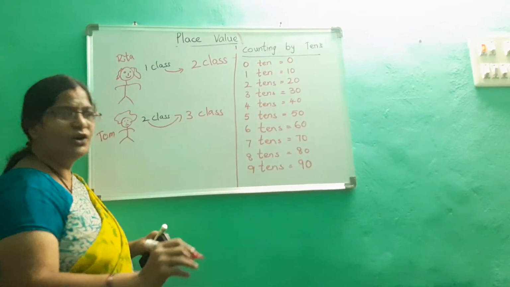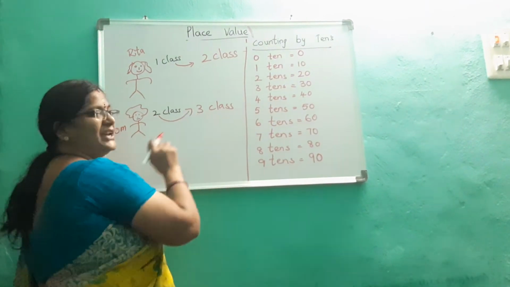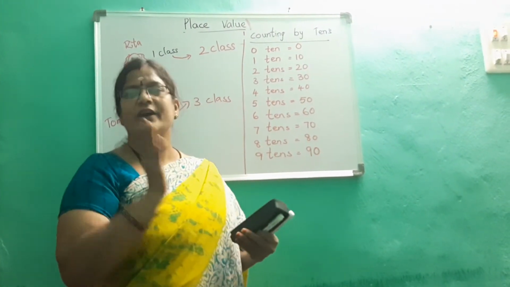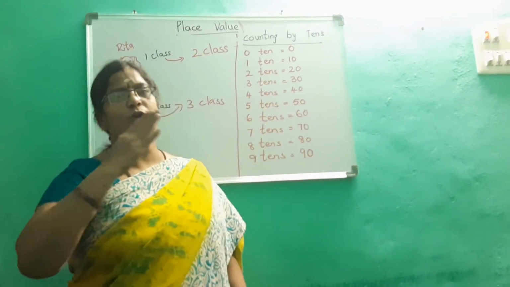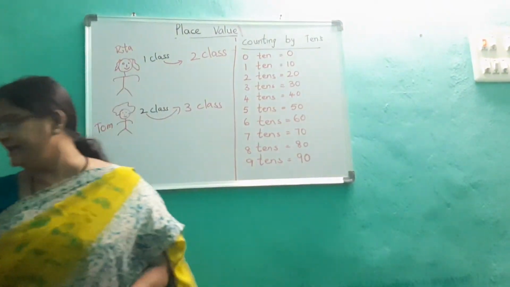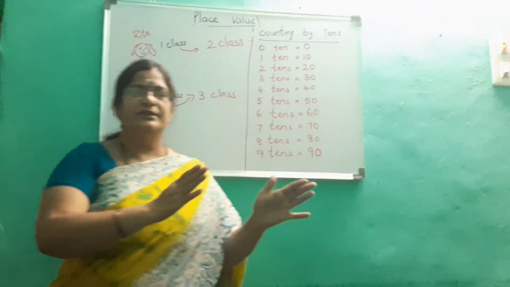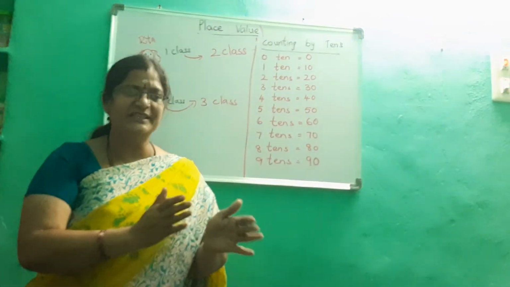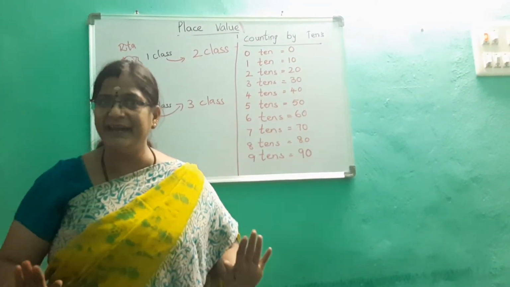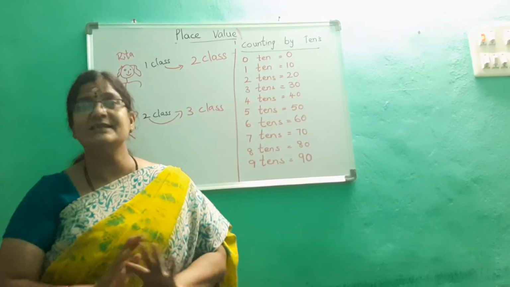Isn't it? So only the place is changing. Now from nursery, first you will join nursery. Then you will go to LKG. So from nursery to LKG, the place is changing. You will be changing the room. But your face will be same and your name will be same.